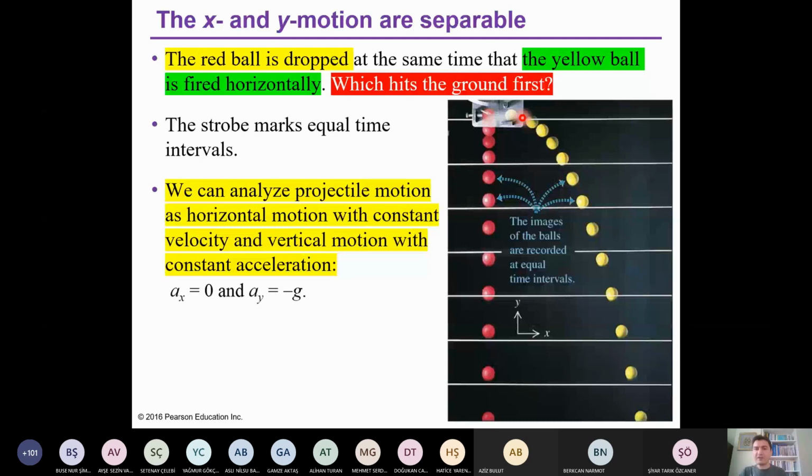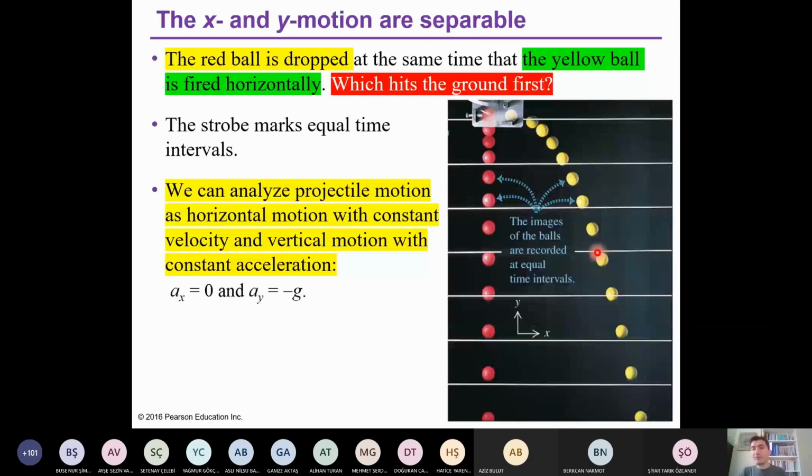So which one hits the ground first? They hit the ground at the same time because the time to go from the initial position to the final position along the y-axis is the same. So this has free fall and this has a projectile motion.